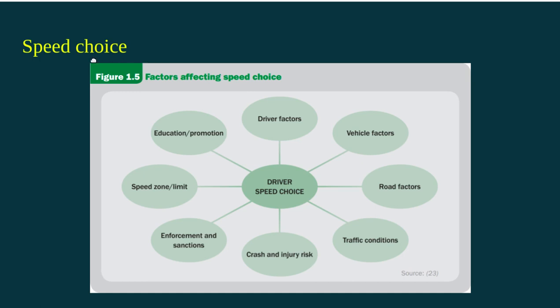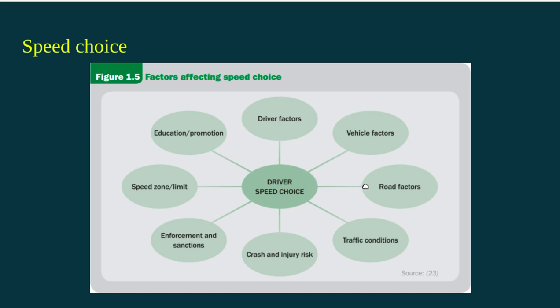Factors affecting speed choice. The speed choice of a driver may be affected by individual factors like the thrill, or the amount of dopamine which a driver gets by taking higher risks, such as increasing the speed of his own vehicle, and vehicle factors like the maximum speed limit and the acceleration which a vehicle can achieve.